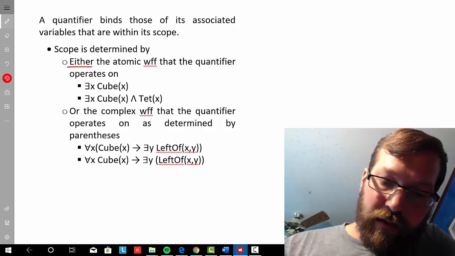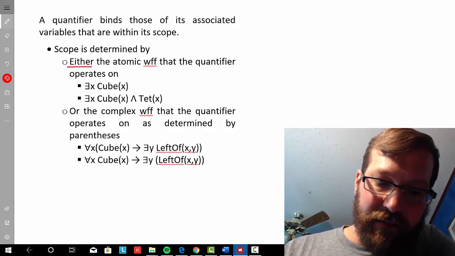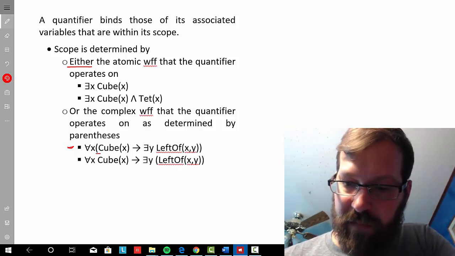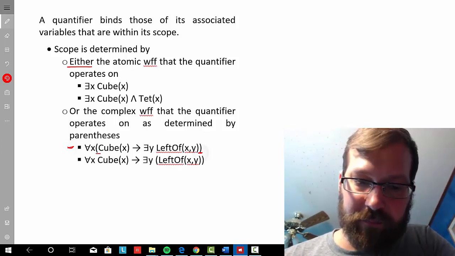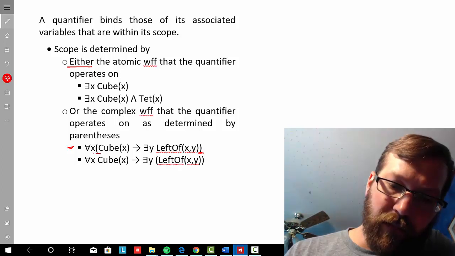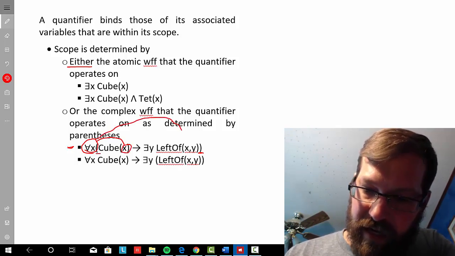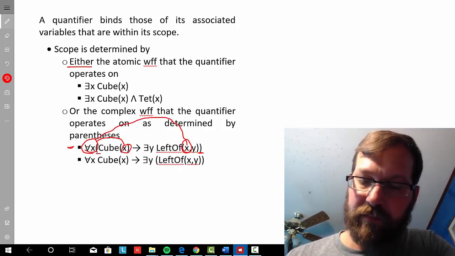All right, so similarly in this case, because we have the parenthesis here that extends all the way out here, this universal quantifier is binding this x and it's binding this x.